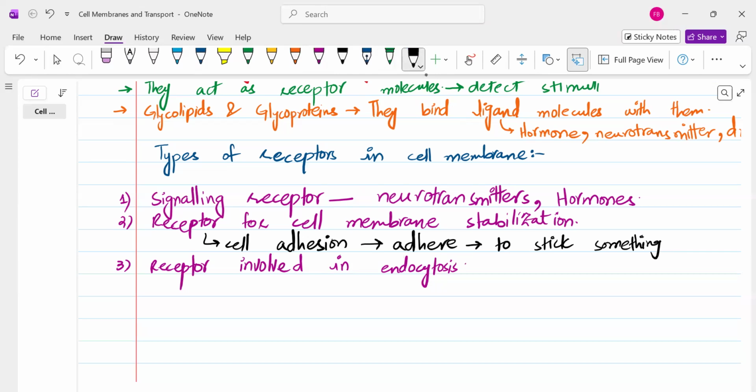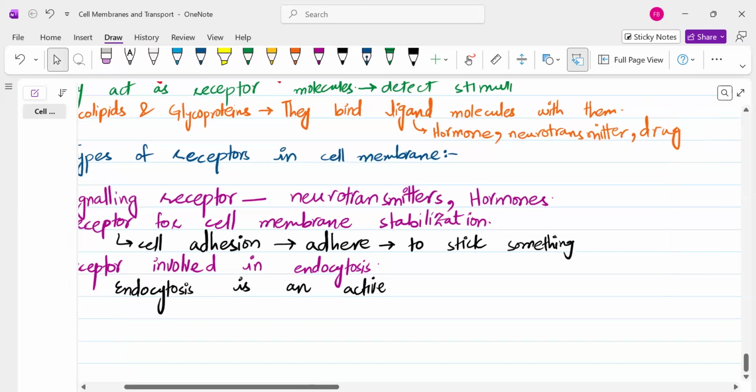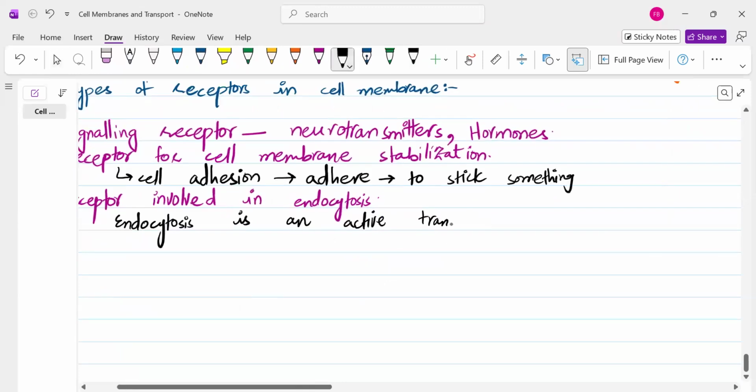It's when the cell releases substances. Can you give me an example of exocytosis? Like attacking a pathogen by using T cells.